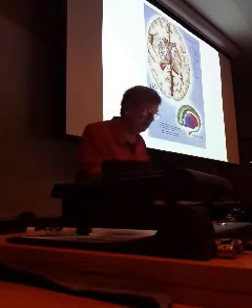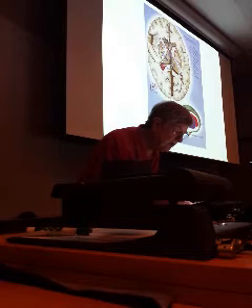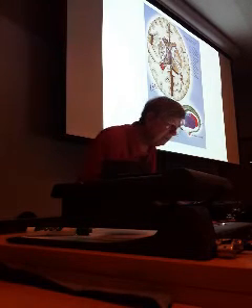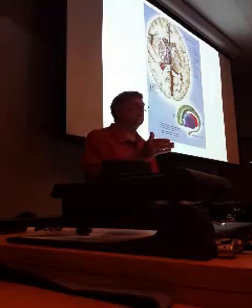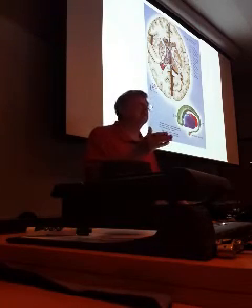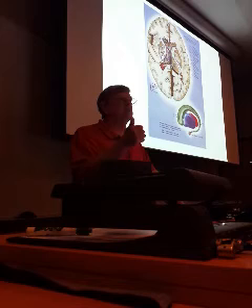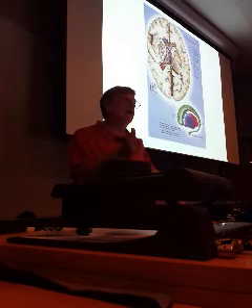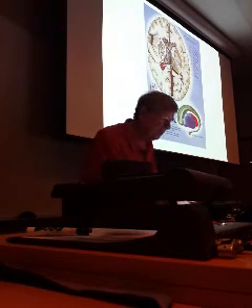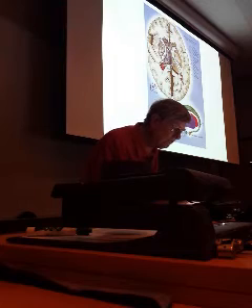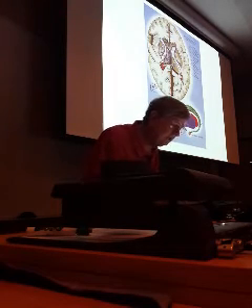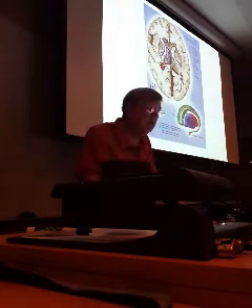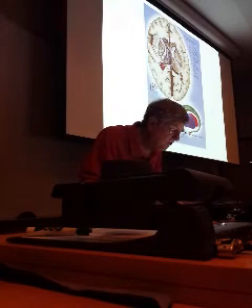The caudate nucleus, this nucleus right here, and the thalamus are always medial to the internal capsule. The lentiform nucleus, which is the globus pallidus and the putamen, are always lateral to the internal capsule. So these lentiform nuclei here are all to the outside. They're lateral to the internal capsule.